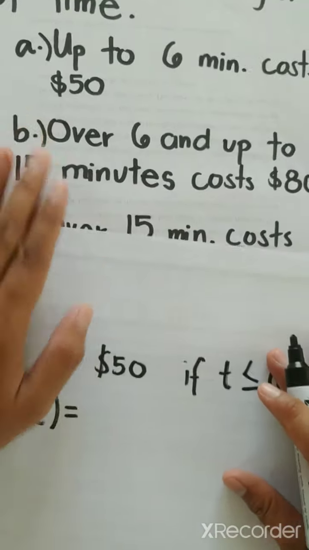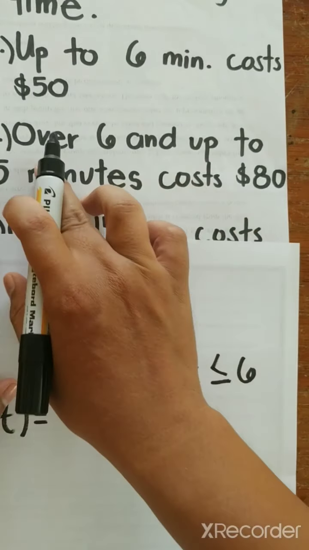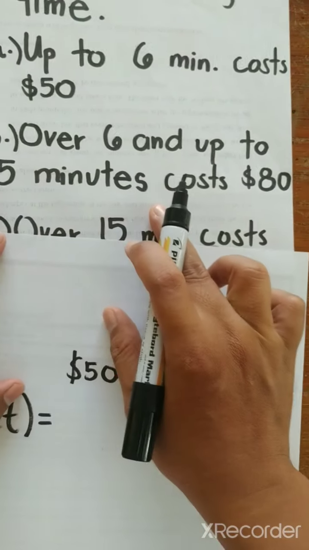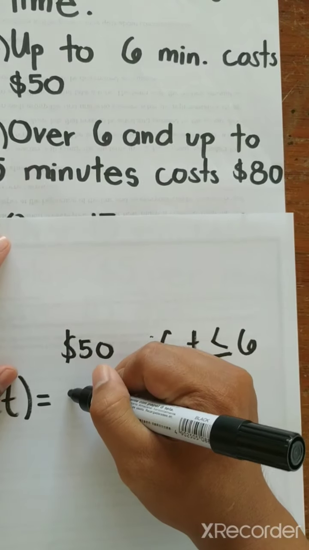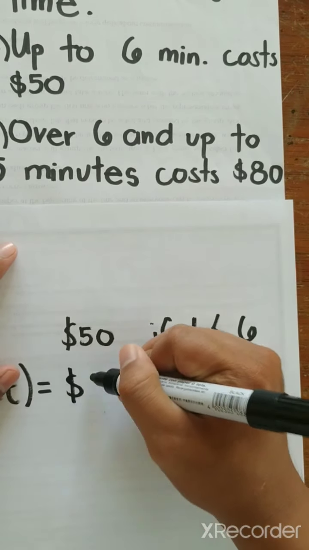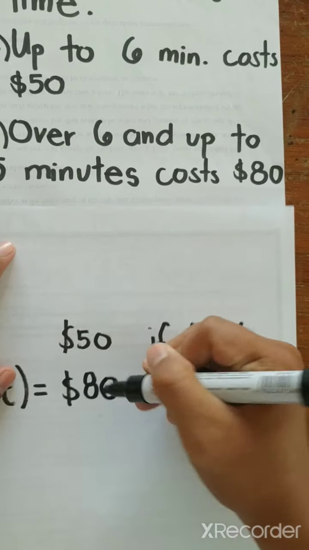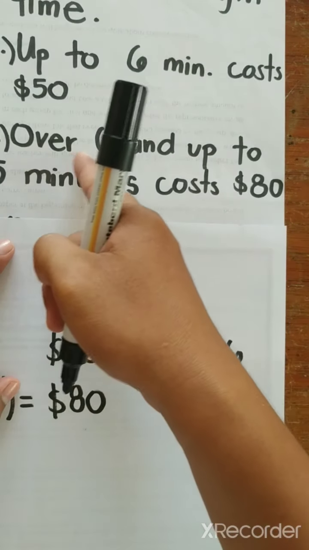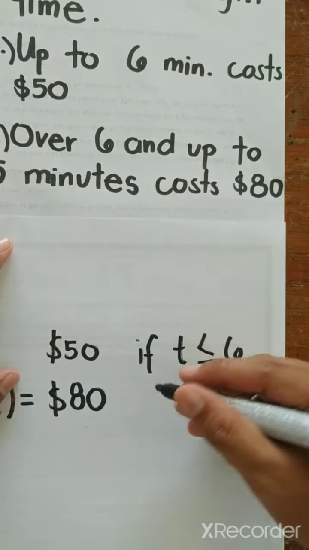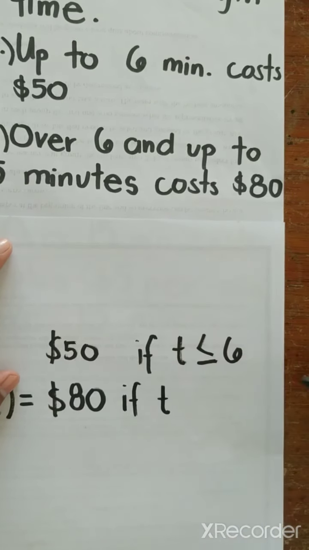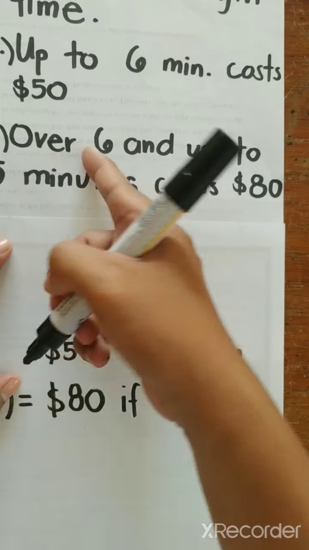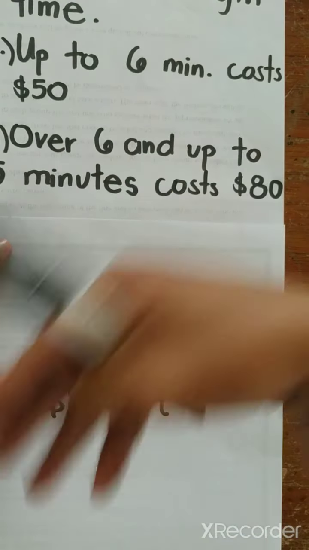Okay, second one, we have over 6 and up to 15 minutes costs $80. So we'll write here $80. Okay, when will that be $80? If it is over 6 and up to 15 minutes. So here we will write if our time is over 6, so 6 is not included.